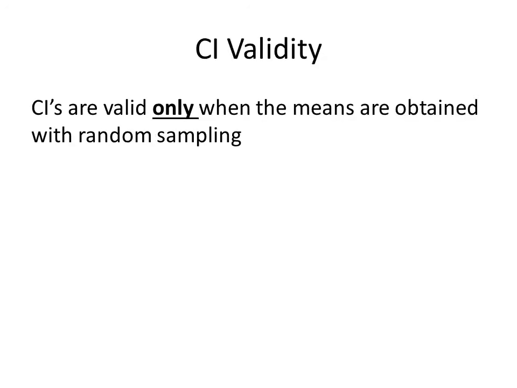Now one thing that we also want to cover is confidence interval validity: our confidence intervals are only valid when our means are obtained with random sampling. So, our confidence intervals assist in interpreting means that are subject to random errors. They cannot take bias into account.